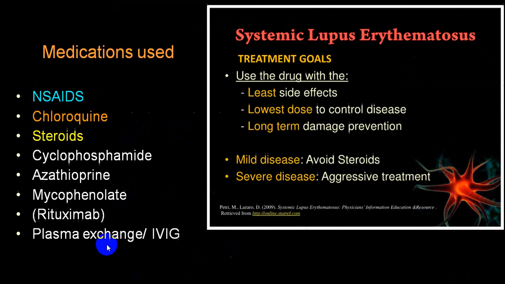These are emergencies, and usually the treatment selected is NSAID, chloroquine, steroid, and immunosuppression: cyclophosphamide, azathioprine, and mycophenolate. And then you can go for plasma exchange, IV globulins.